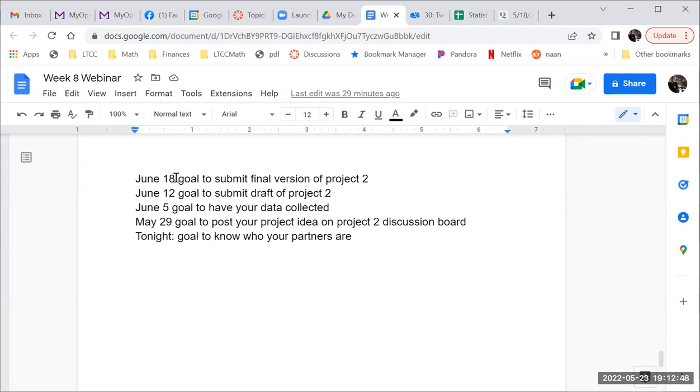Then I suggest around a week or so beforehand to submit the draft. That's June 12th. And notice there's a lot of time between now and then. Same rules about the draft that we had before: you submit the draft, I'll only read it once, but Braulio will read it afterwards, right, Braulio? And I'll give you lots of suggestions.